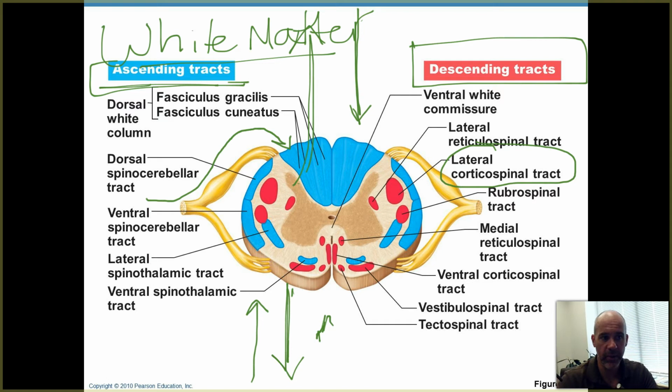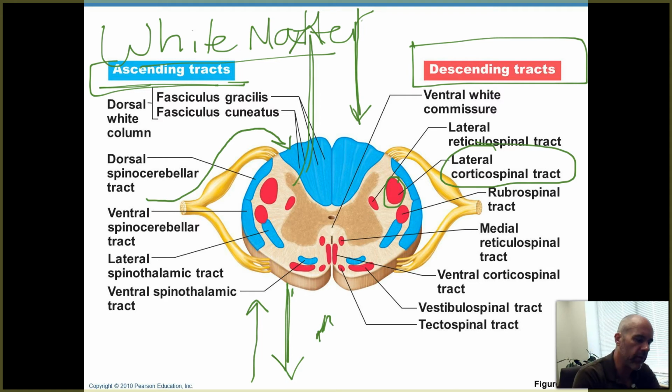Spinal is referring to the spinal cord, and cortico is referring to the cortex of the brain, which we'll be talking about later, or maybe you've already run into that if you're doing the anatomy area for Unit 5 first. So the cortico-spinal tract, this little area in here, has a whole bunch of axons that are traveling from the cortex down to the spinal cord.